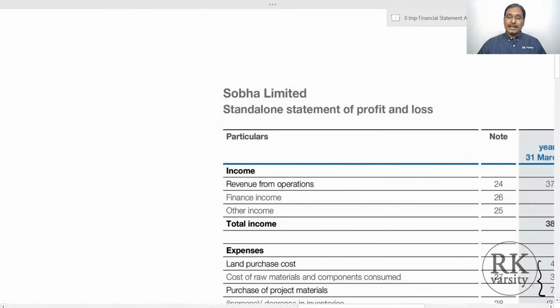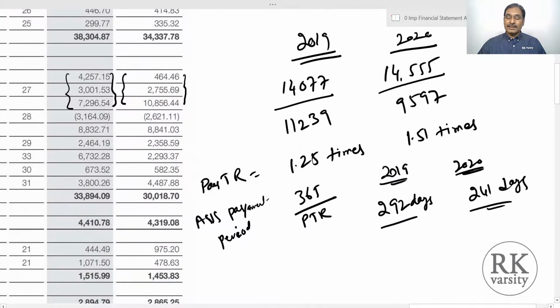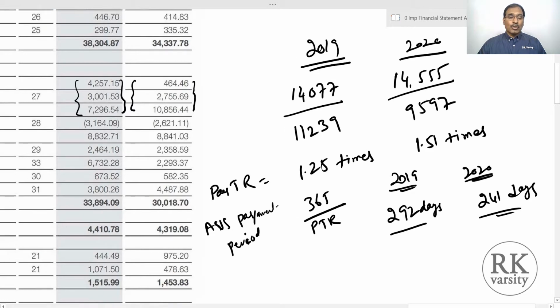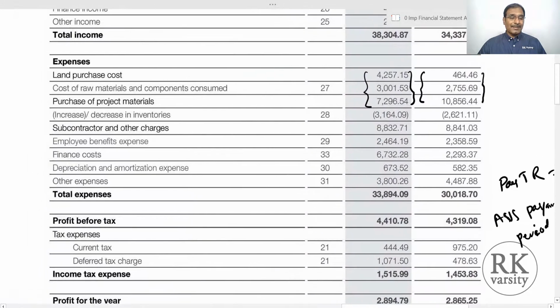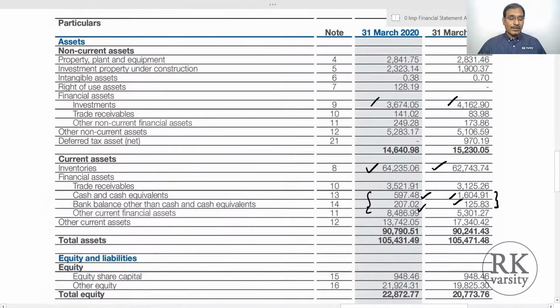And in the case of Sobha Limited, the delay is very high, that is 292 days and 241 days, and this is not supported with abundant cash resources in the company. That means the company is facing some kind of cash issues, and it requires more working capital. You can also find that out from the short-term loans that the company borrowed.